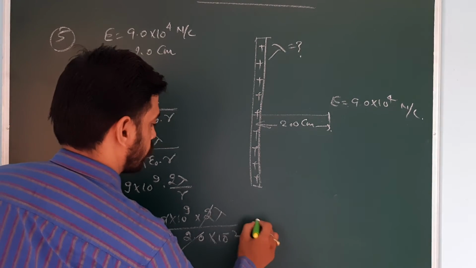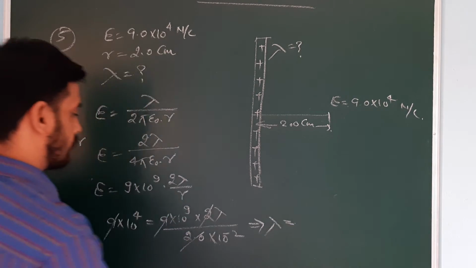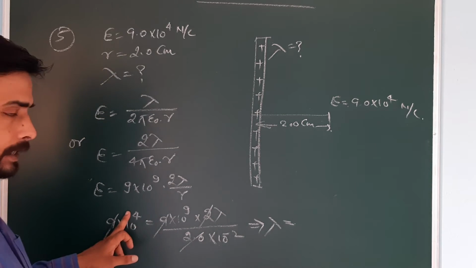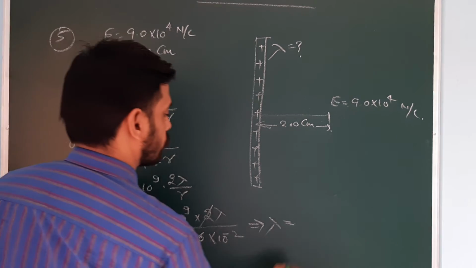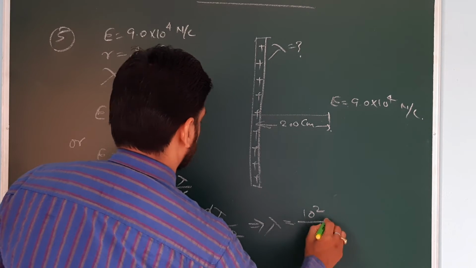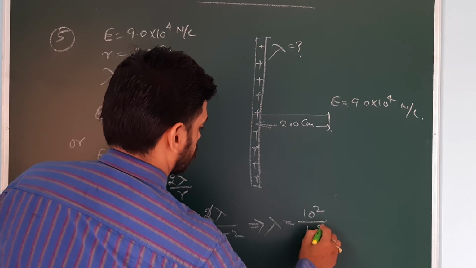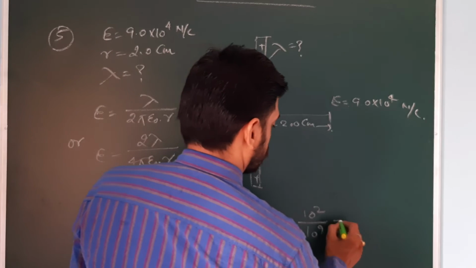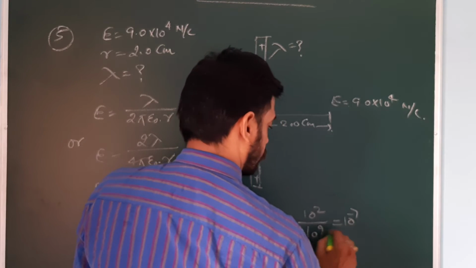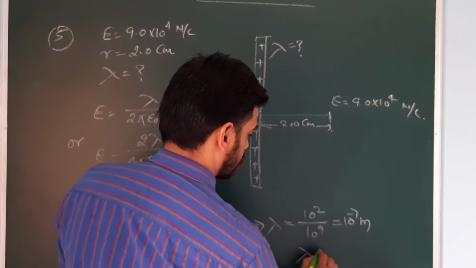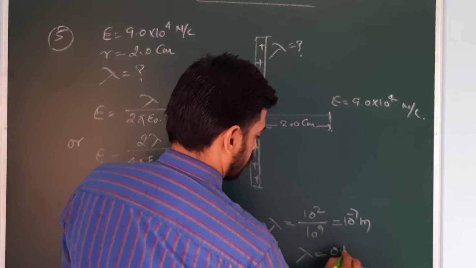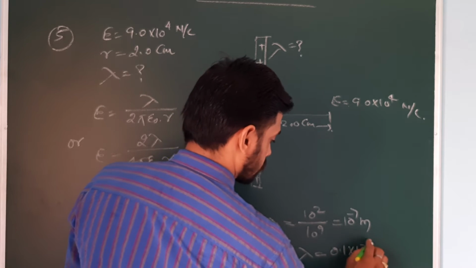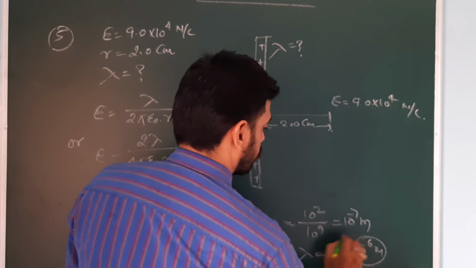So we have lambda equals what? 10 power minus 2 into 10 power 4, so it will be 10 power 2, divided by 10 power 9. So it is 10 power minus 7 coulomb per meter. Or you can say lambda equals 0.1 into 10 power minus 6. This is said to be micro.